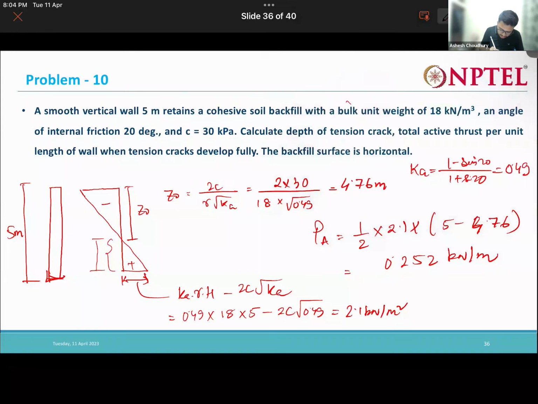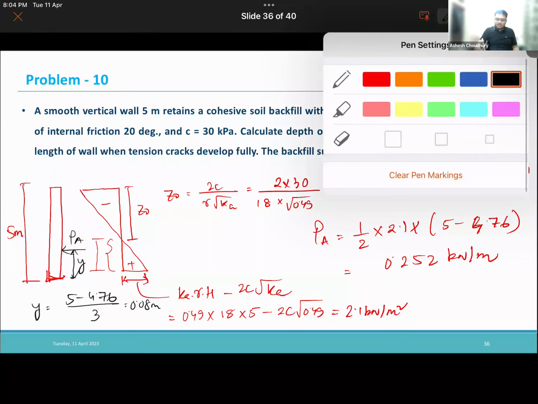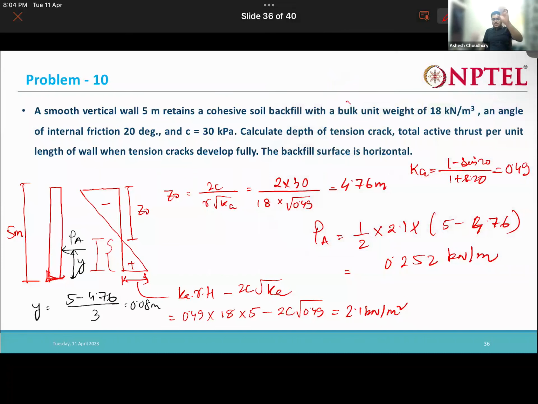So PA is 0.252 kilonewton per meter. It acts at y, which is 5 minus 4.76 divided by 3, that is 0.08. Is it clear? So the upper portion we are just not taking into consideration; we are taking the area of the bottom triangle.